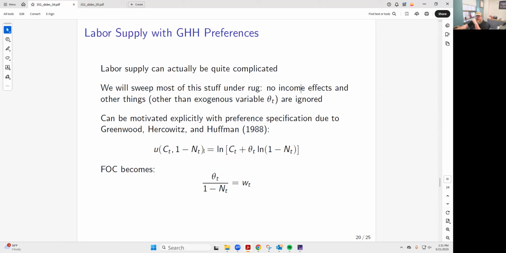So we have the intertemporal utility function based on consumption, and one minus the amount of labor hours that I offer, and so we can see that theta basically ends up representing a preference towards labor hours. That is essentially, I think, a way to think about that.